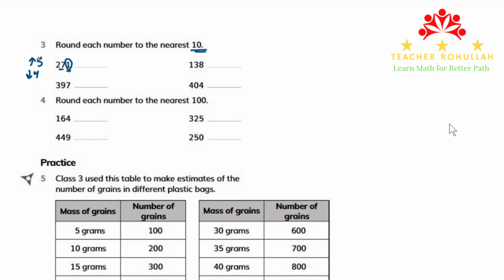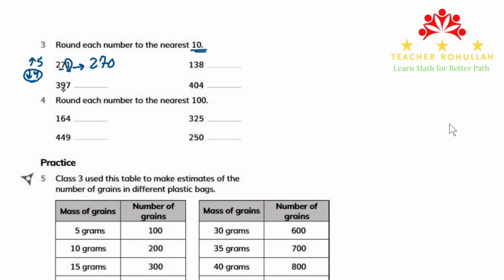If 5 or more, we round up. If 4 or less, we round down. Seeing that 1 is 4 or less, so we round 271 to 270. We say that 271 is closest to 270 rather than 280.